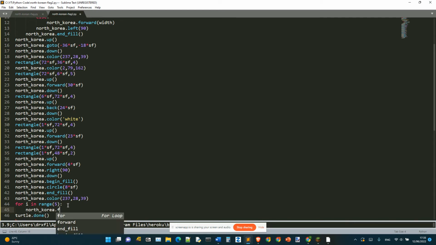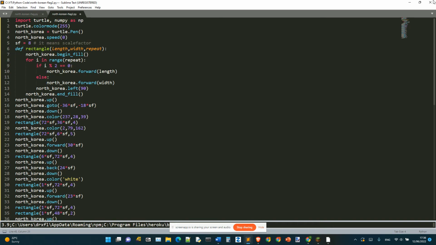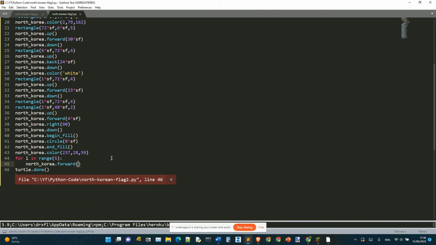North Korea dot forward 20. No, not 27, but here is where the function comes in. So North Korea dot forward. No, not yet.